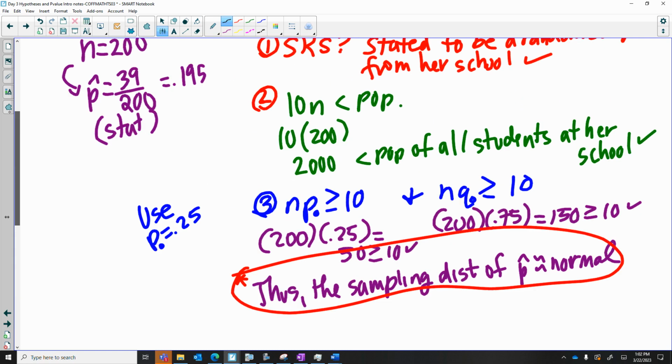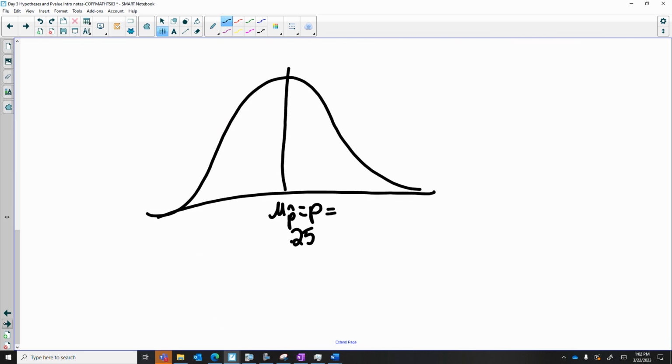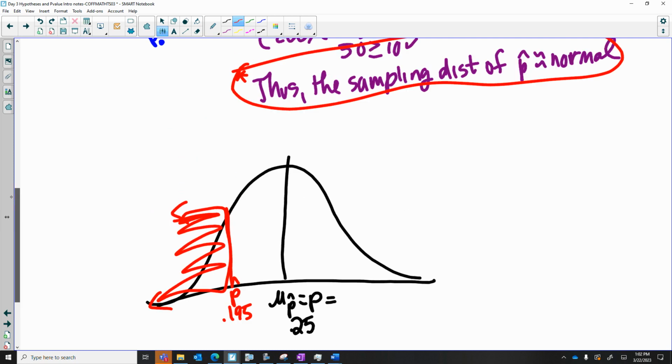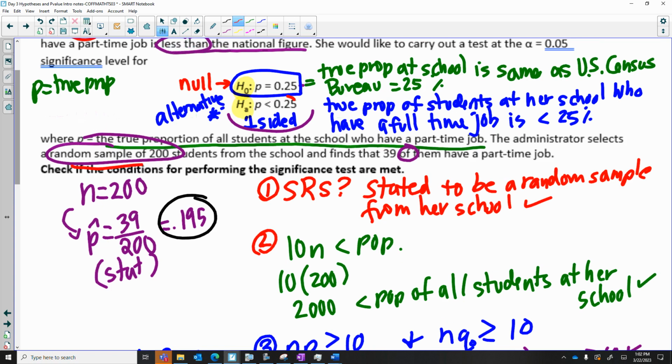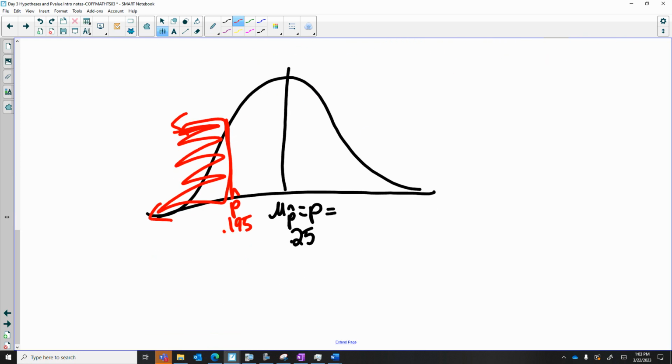Now, the administrator took a sample of 200, and her sample statistic that she got was 39 over 200, which was 0.195. So remember, we have to plot the 0.195, and in this case, that is to the left of the mean. p hat equals 0.195. So what we would do now is shade the area in the direction of your HA. So in HA, we presumed that there is a less than sign, which means it's to the left. So we want to shade to the left of our p hat, which is our sample proportion.